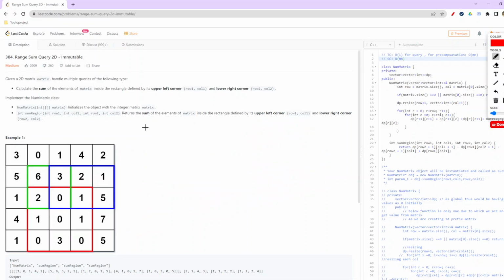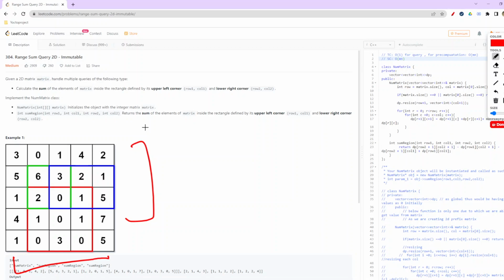In that context, we are required to do all our precomputation in a separate 2D vector so that we could easily extract our queries from it. In that precomputation, our time complexity and space complexity will be m cross n, where m is the number of rows and n is the number of columns in this input.